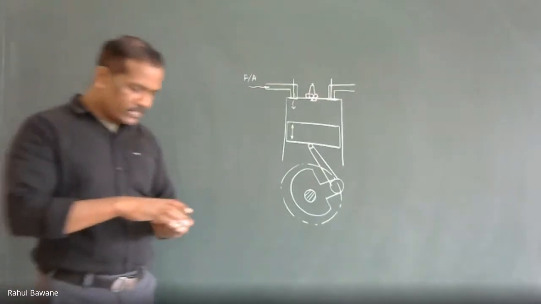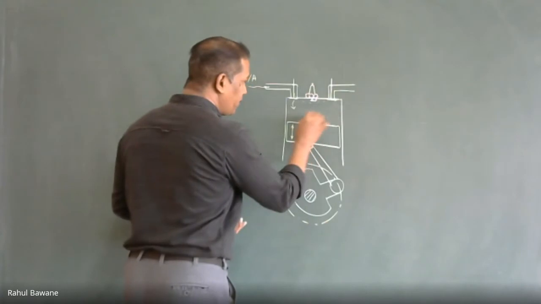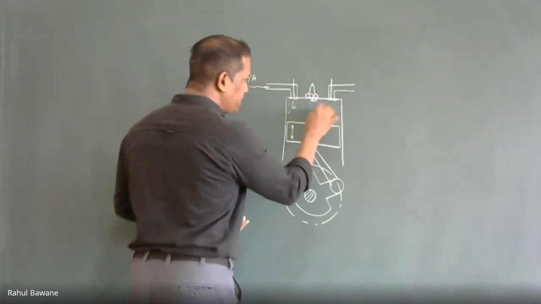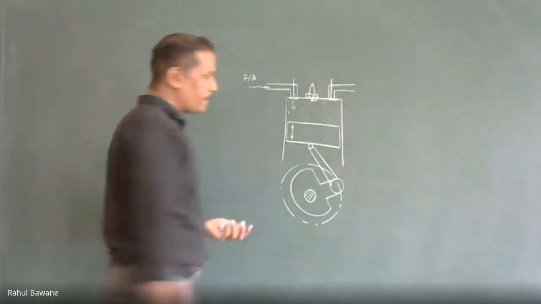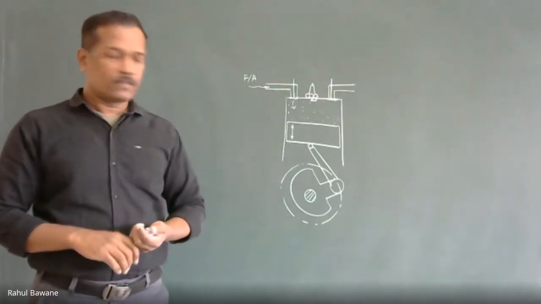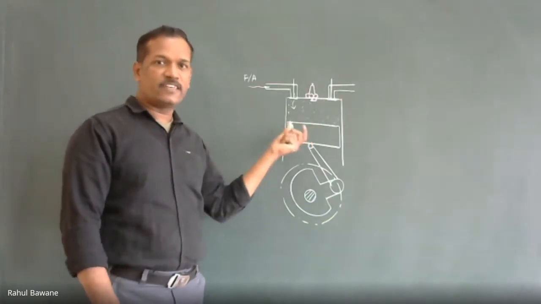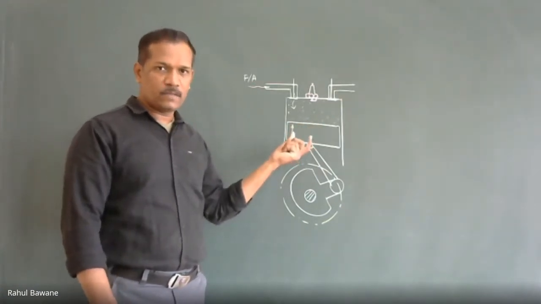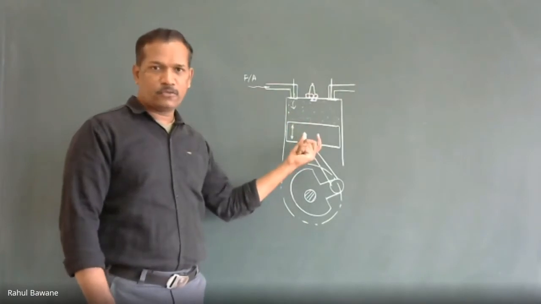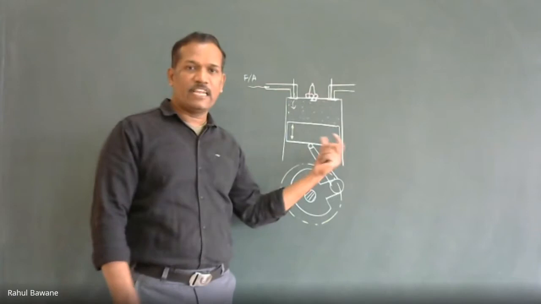Now imagine during the suction stroke, the complete volume is filled by the petrol and air mixture. This mixture has a certain heat generating capacity. Air itself doesn't have any heat generating capacity. It doesn't have calorific value.